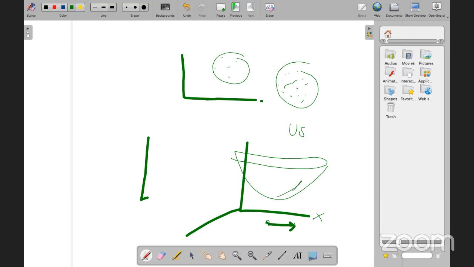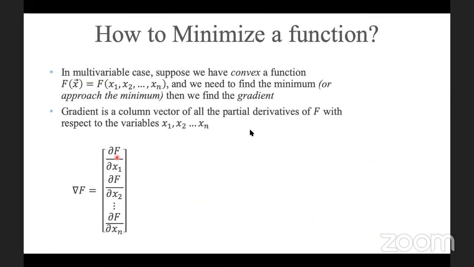The rate of change you get for this slice, which is basically the intersection with the plane, is del f by del x at this point. Similarly, if you move in the other direction, that would be del f by del y. So this is x, this is y, and this is z. For now, this is enough.